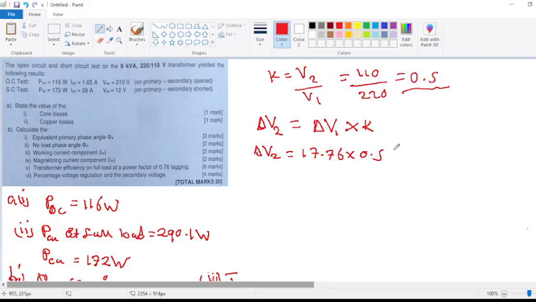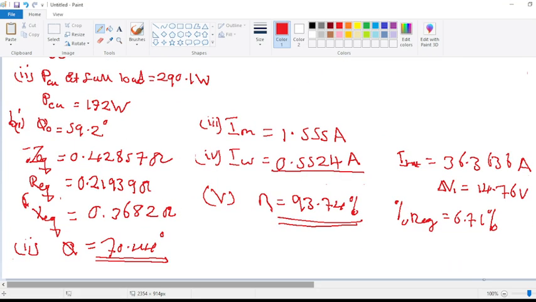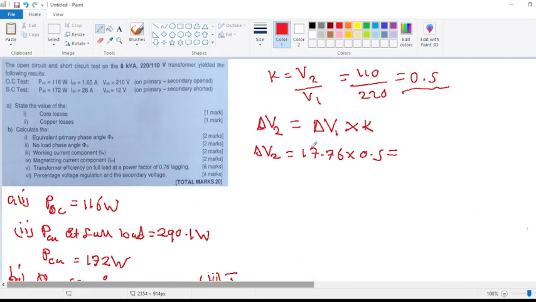If you perform your calculations here, is it 17 or 14? It's 14.76. Yeah, 14.76 here happens to be our voltage drop on the primary side.